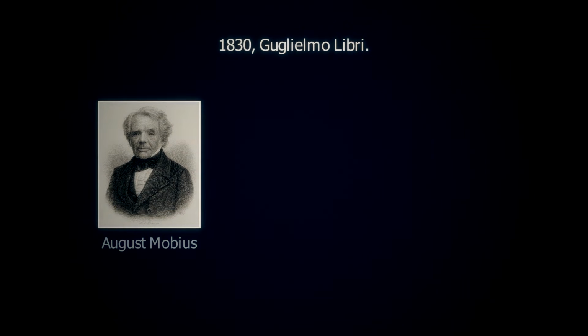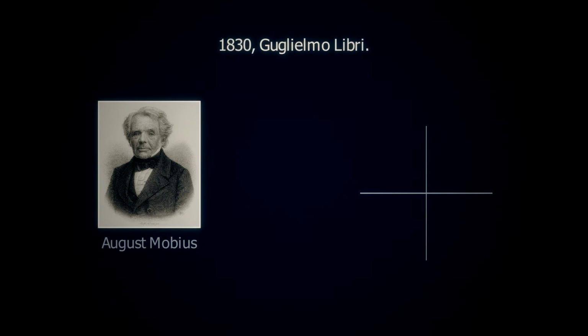The fight kept going. In 1830, an Italian mathematician named Guglielmo Libri published a paper arguing that 0 to the 0 should equal 1. August Möbius, who had studied under the mathematician Johann Pfaff, stepped in to support him.